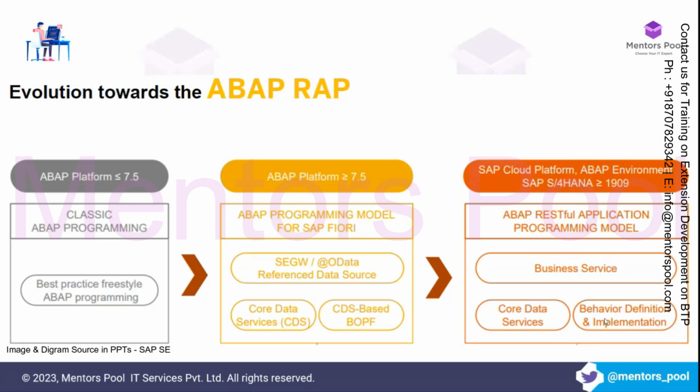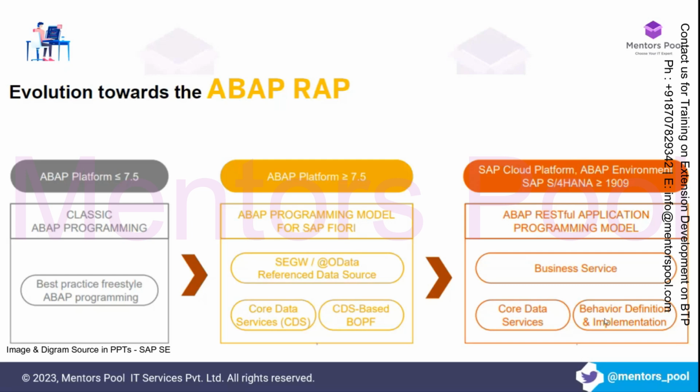And how did we reach here with the ABAP environment? Before the 7.5 ABAP platform, on the left hand side, the gray one, until before 7.5, it was called classical ABAP programming, and it was the freestyle ABAP programming model.